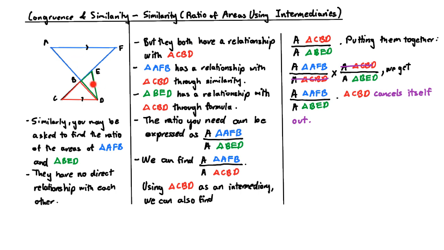Now, if you want to find the relationship between the blue and the green, this is the ratio that you want to find, or the fraction. So we can find this to this, and then using CBD as an intermediary, we can find CBD over BED, and then we put them together and we cancel each other out. That what's left will give you this. Okay, again, triangle CBD cancels itself out.